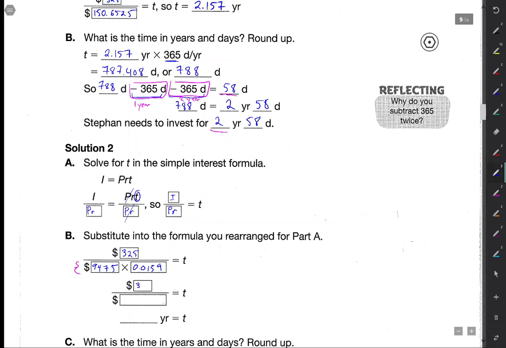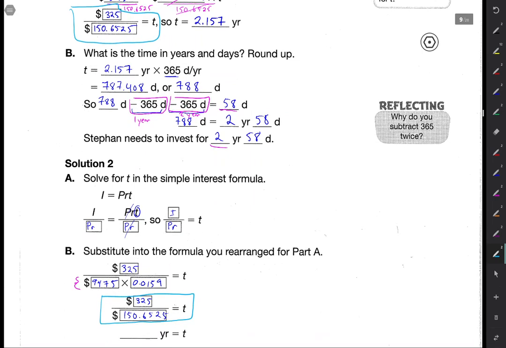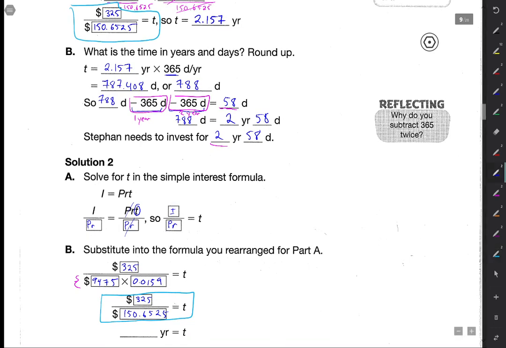So the numerator would stay the same, 325, and then you would multiply 9,475 times 0.0159, and you would get 150.6525. So all of a sudden at this step, we are in the exact same spot as we were in this step up here. So it's a slightly different method of going about things, but you will get the exact same answer, which would be 2.157 years.